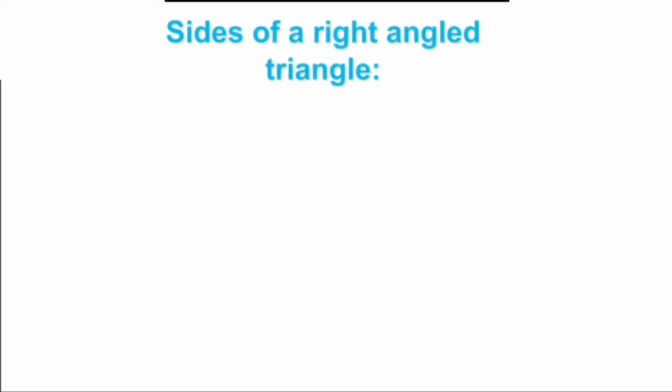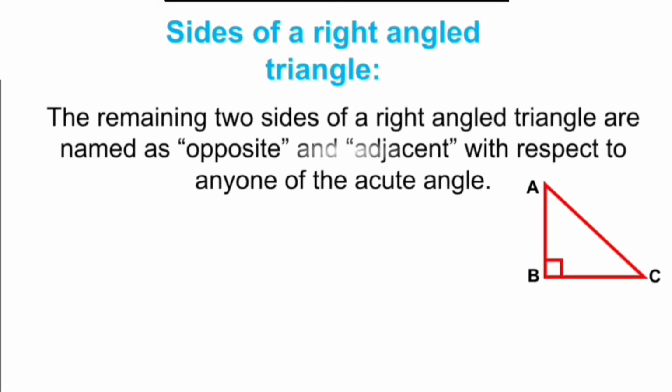Next, what about the remaining two sides of a right angle triangle? Let us see. Children, the remaining two sides of a right angle triangle are named as opposite and adjacent with respect to any one of the acute angles.